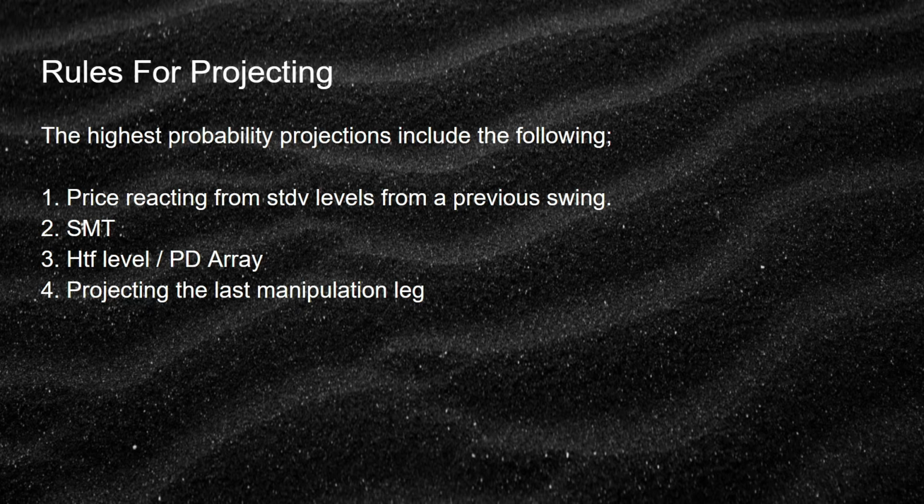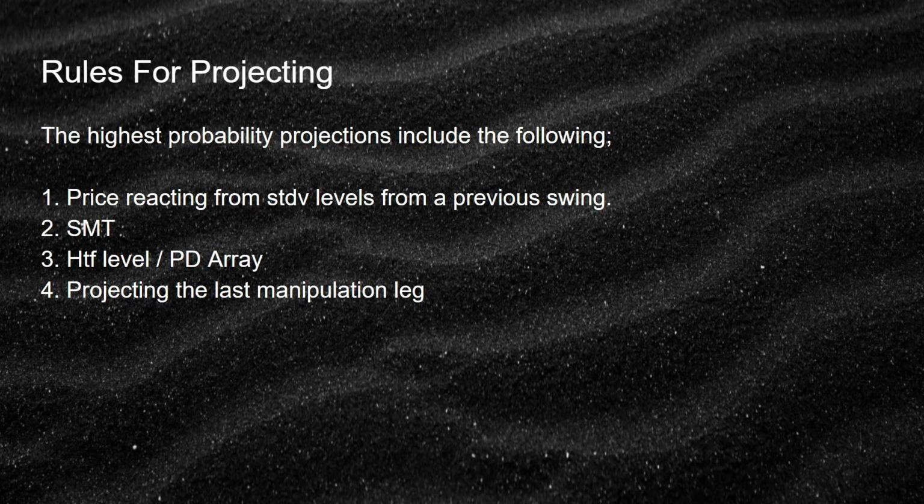And 2, we see SMT. And 3, this one isn't always required, especially when we're just moving up into all-time highs, but a higher time frame level and PD array. If you can include that as well, it's a really high probability trade.